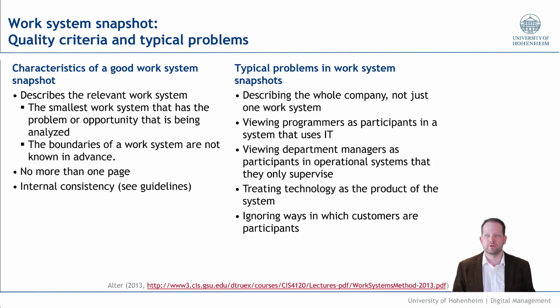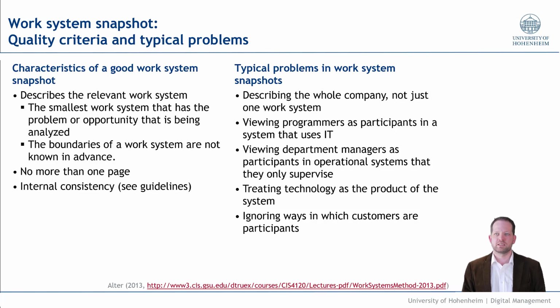Typical problems you have in such a work system snapshot are describing the whole company, not just one work system. You can describe a company as a work system, but you can drill further down. And typically you'll have many different work systems in a company. And as you should model the smallest work system that has a problem or opportunity, modeling the entire company typically is a bad approach.